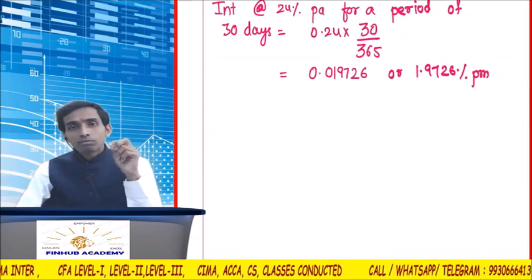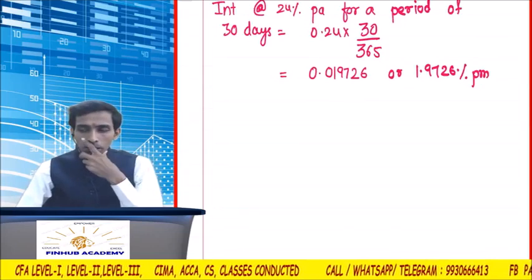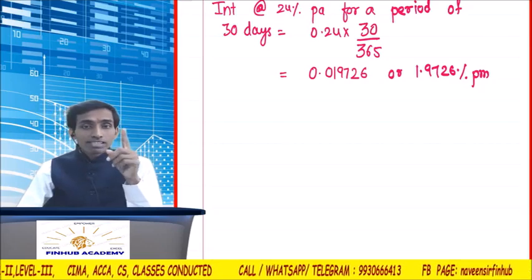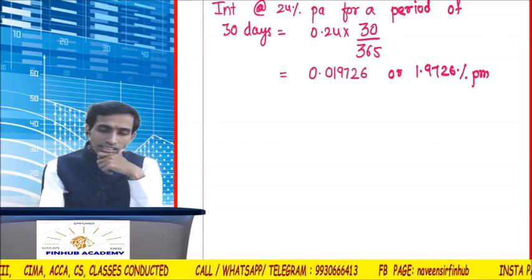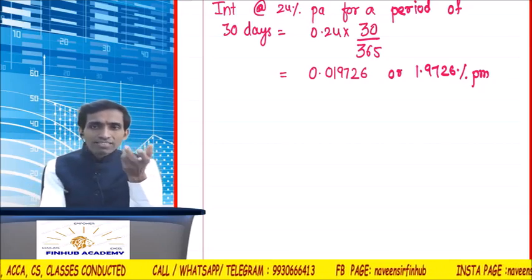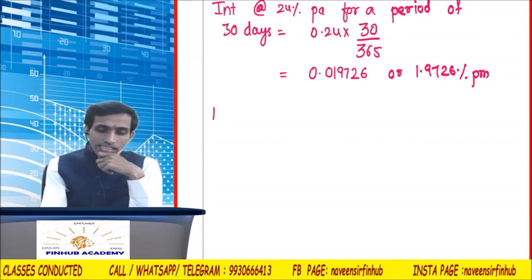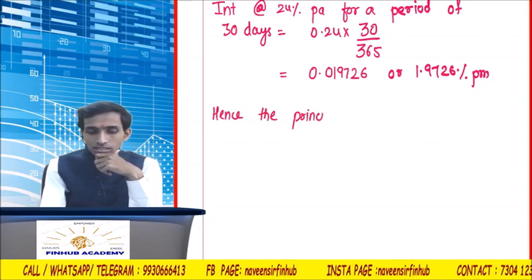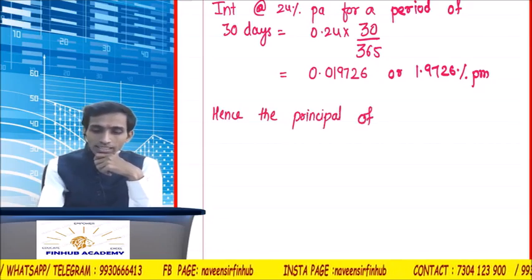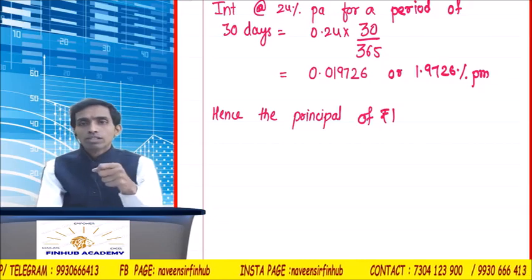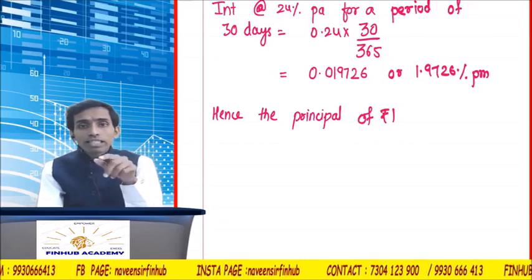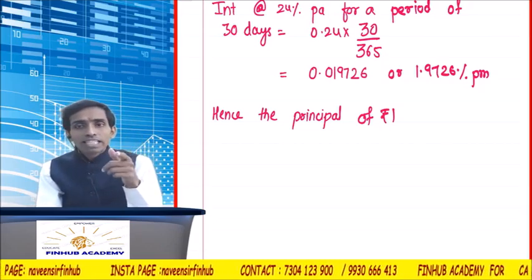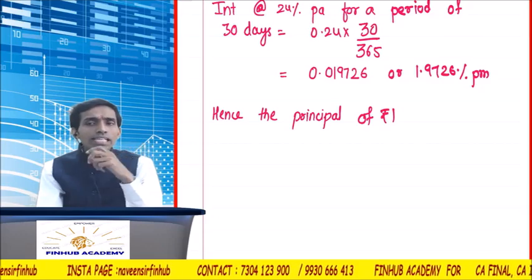Okay, listen carefully. Very important part. If today's principal is 1, please understand what I'm saying. Time value of money. I'm writing the solution, then I will explain. If I'm selling you goods worth rupee 1, then after 1 month, including interest, it will become 1.019726.